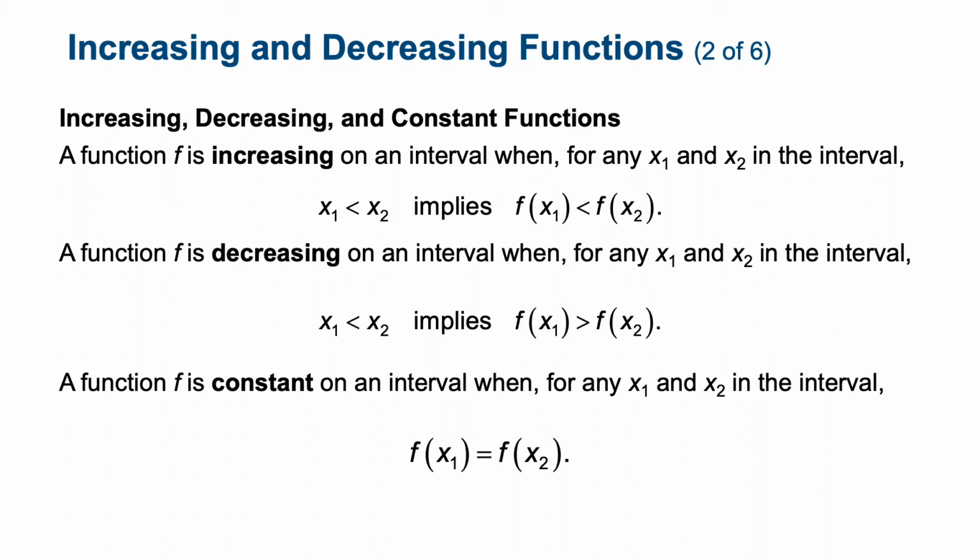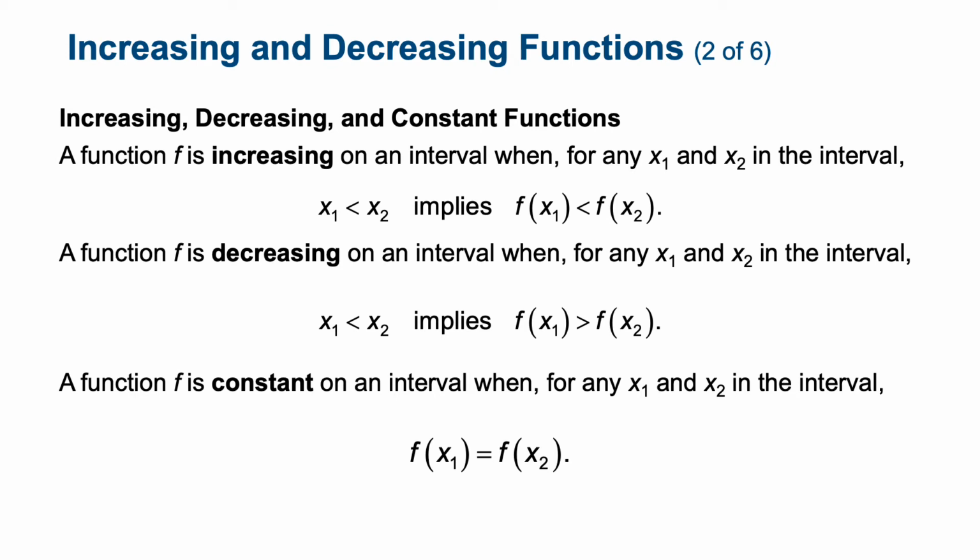So that's the algebraic definition of increasing. And then decreasing would be that as x increases, the y decreases. So that's why we would say f is decreasing, because literally the value of f is getting smaller, okay?